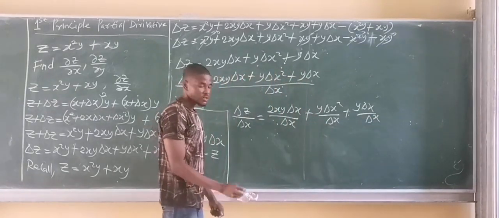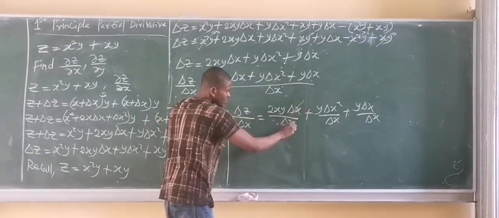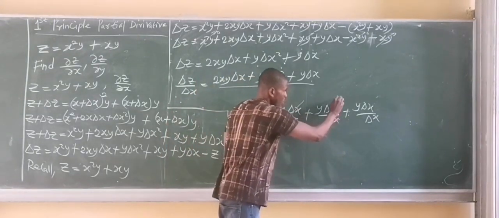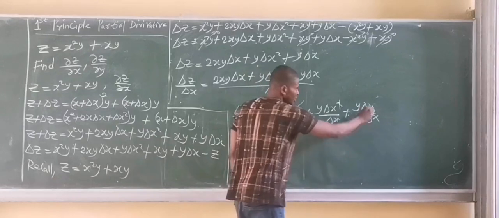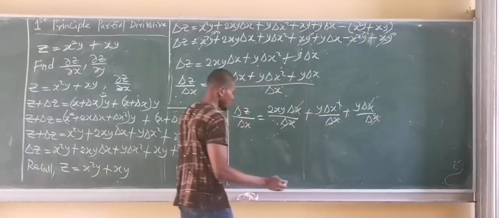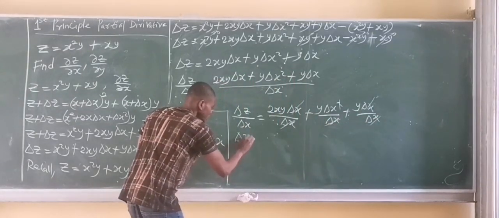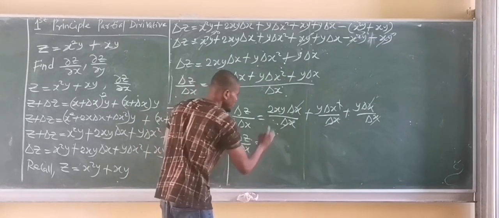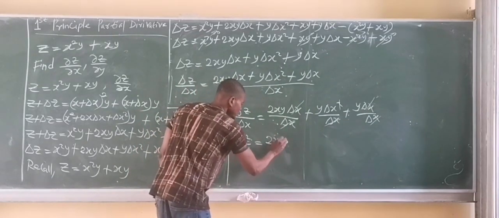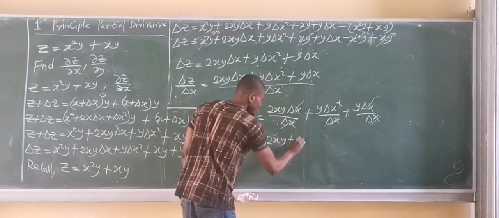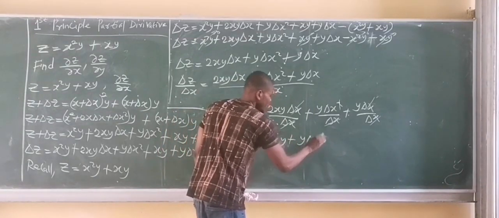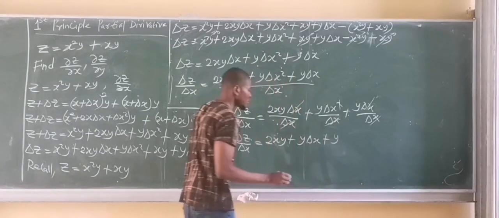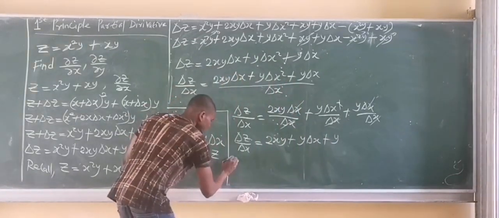So at this point, notice that change in x will divide change in x. Change in x here will cancel one of these change in x, and then change in x here will strike change in x. So it means you have that change in z over change in x is now equal to 2xy plus y change in x plus y. Okay, now at this point, take your limit.